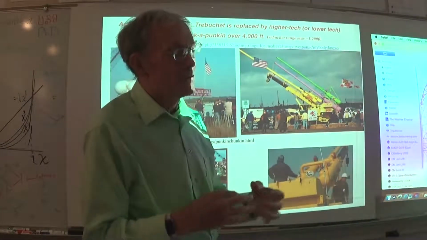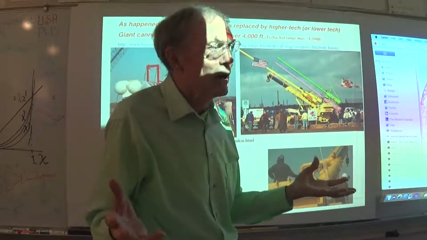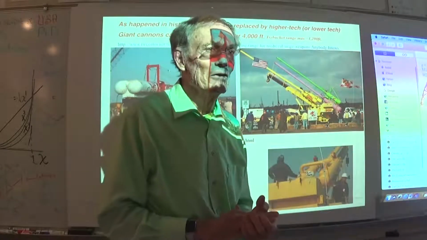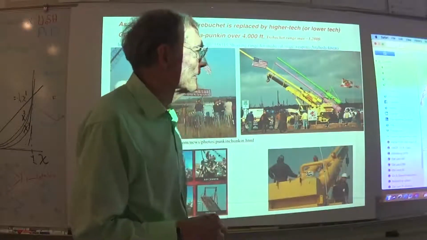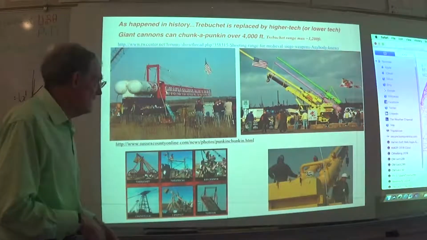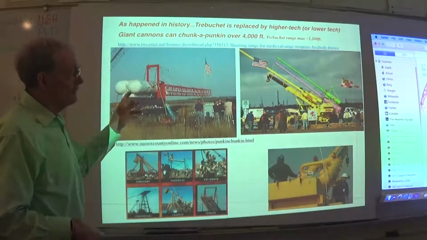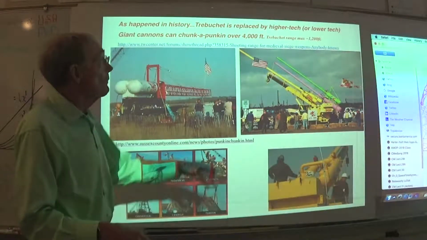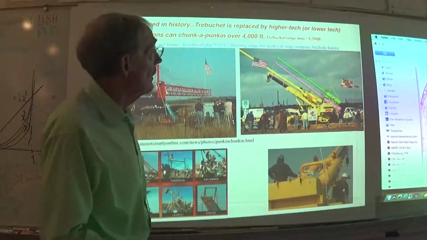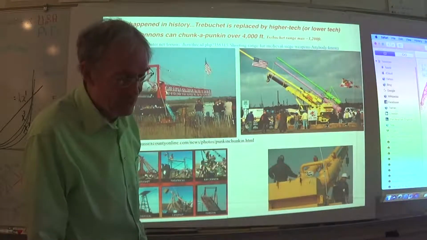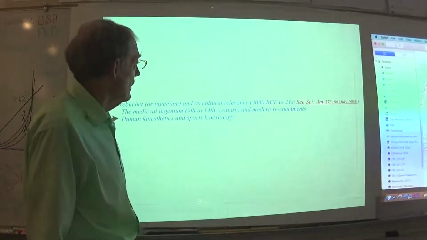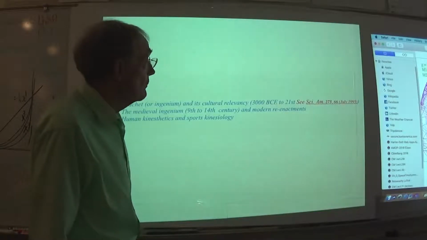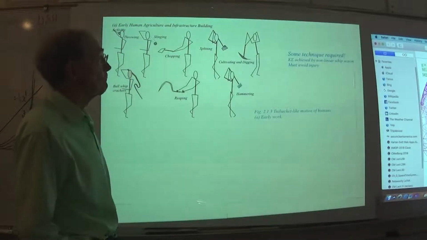But then the metal wasn't very good, so cannons blew up. They killed the cannoneers as much as they killed the so-called enemy. Anyway, these guys just use air, and they are throwing things up to 1,200 feet. And they're trying to get more than that as we go.